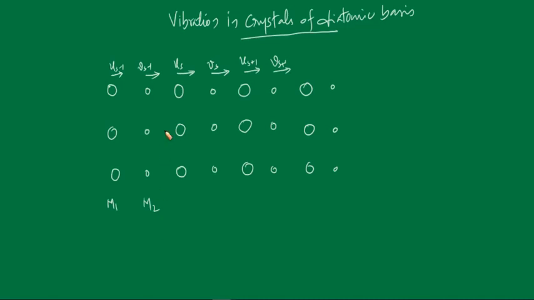Okay. The equation of motion of an atom in the nth plane with the mass m1 is m1 d square u_s divided by dt square.